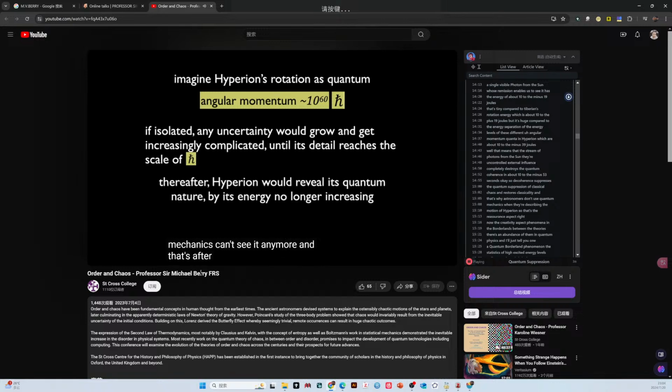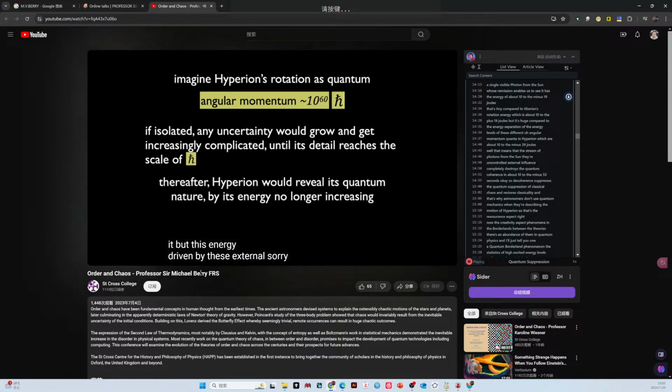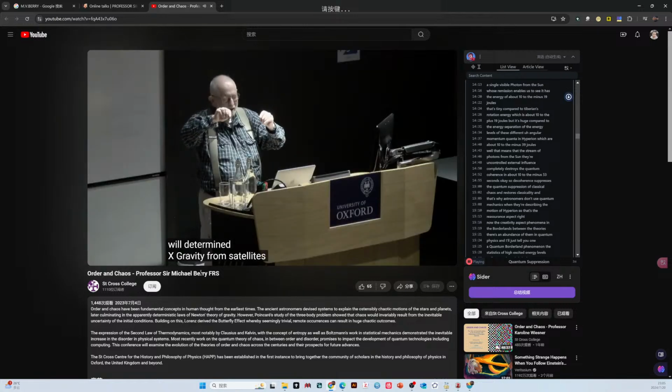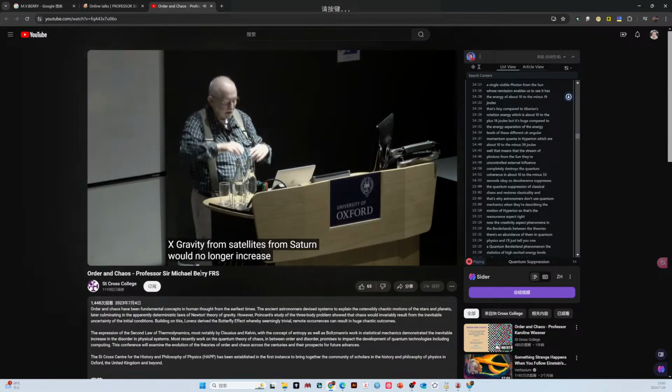After that, Hyperion would reveal its quantum nature. And the way it would happen, I don't have time to explain, but the energy driven by these external influences will determine gravity from satellites and Saturn would no longer increase.